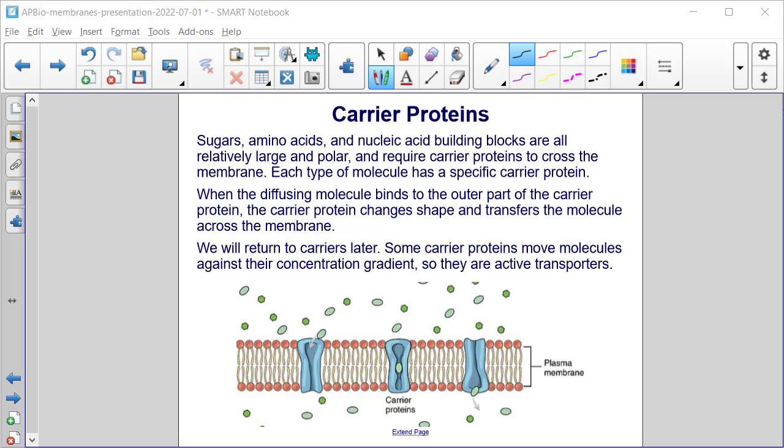When the diffusing molecule binds to the outer part of the carrier protein, which you see here, the carrier protein changes shape and transfers the molecule across the membrane, which you will see here. We will return to carriers later. Some carriers move molecules against their concentration gradient, so they are active transporters rather than passive transporters.